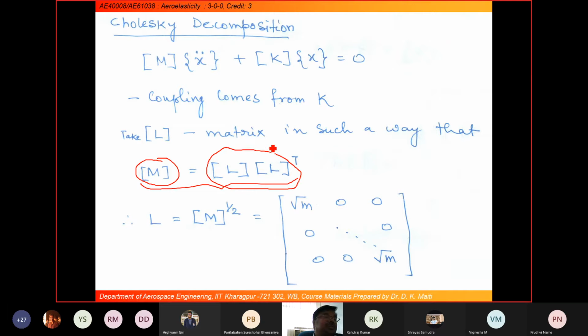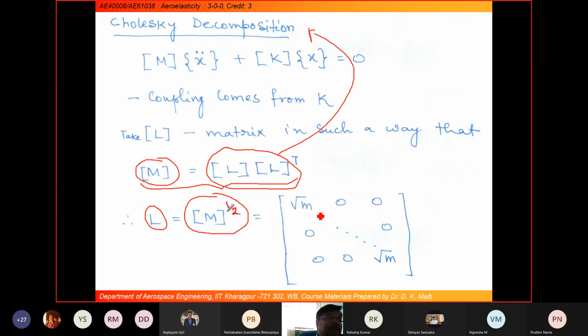That is called Cholesky decomposition, meaning taking the mass matrix to two triangular matrices, lower triangle and upper triangle, and then L will be nothing but M to the power half, or M square root. That is the concept of doing the mass normalized modal vector.